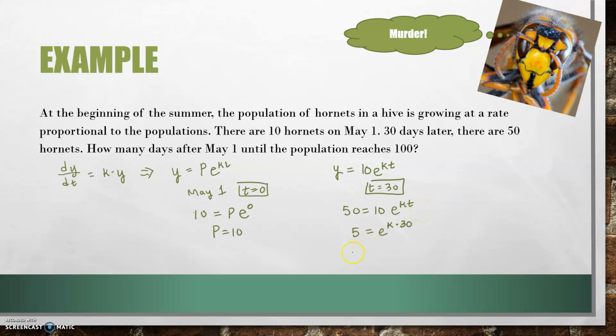And then I'm going to take the natural log of both sides. So my growth constant is natural log of 5 divided by 30. And so this is my full equation for these murder hornets.